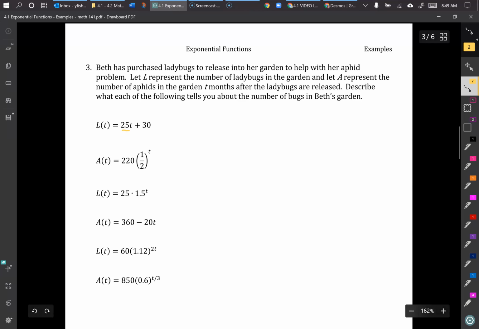We also just have this constant increase of ladybugs of 25 every month, because t represents months. We know our y-intercept is 30, so I would say Beth released 30 ladybugs. They increased by 25 per month, so that's linear.